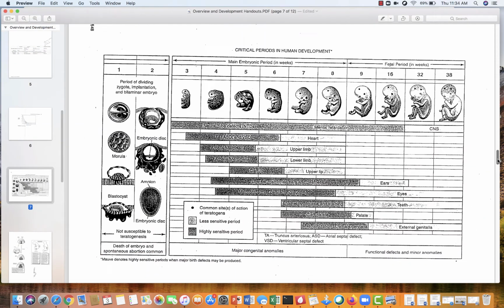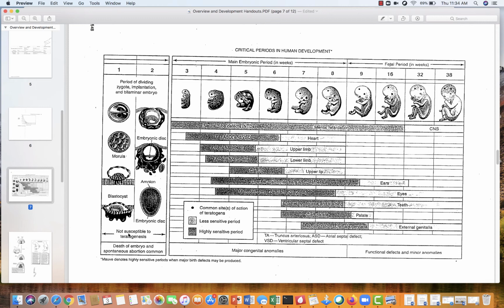Okay, so to orient you, what we are looking at here is that pregnancy is considered from 1 week to 38 weeks instead of 40 weeks, because here we're looking at when actual fertilization occurs. Okay, so 1 to 2 weeks here.